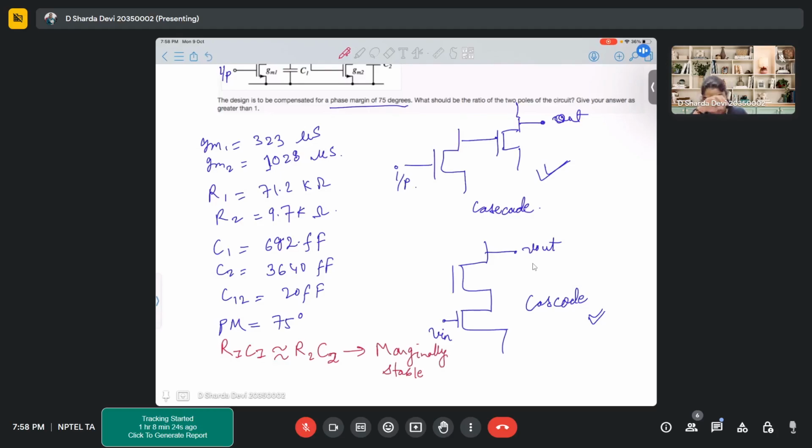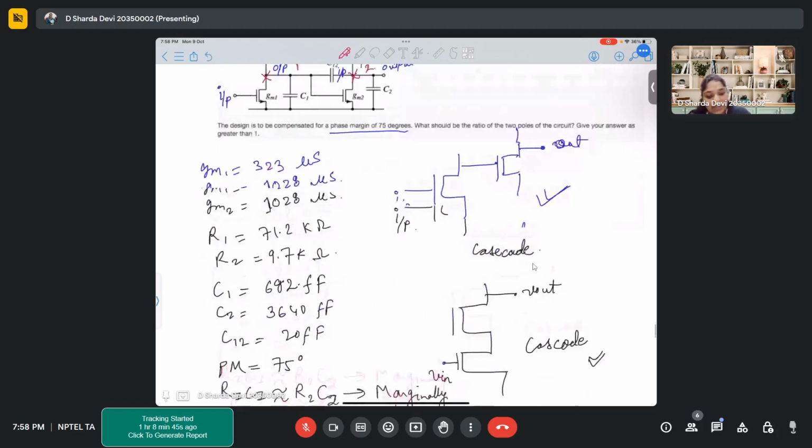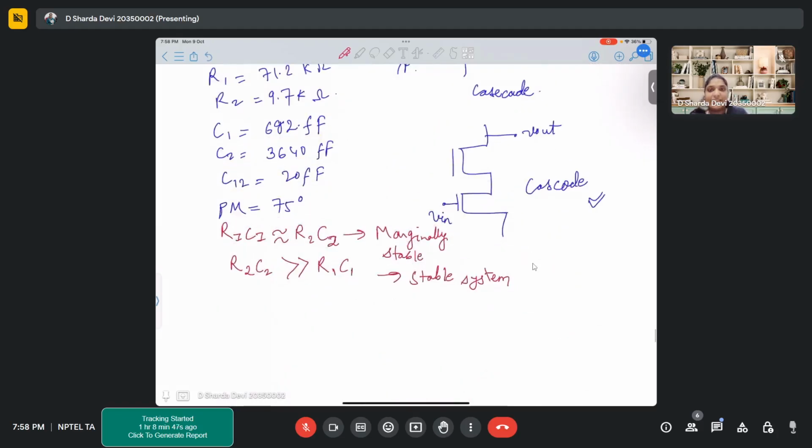So for making your system completely stable, what should be there? Your poles should be separated apart. So that means, let's say R2 C2 should be much, much greater than R1 C1. This will lead to a stable system. So now the idea is you have to find the ratio.